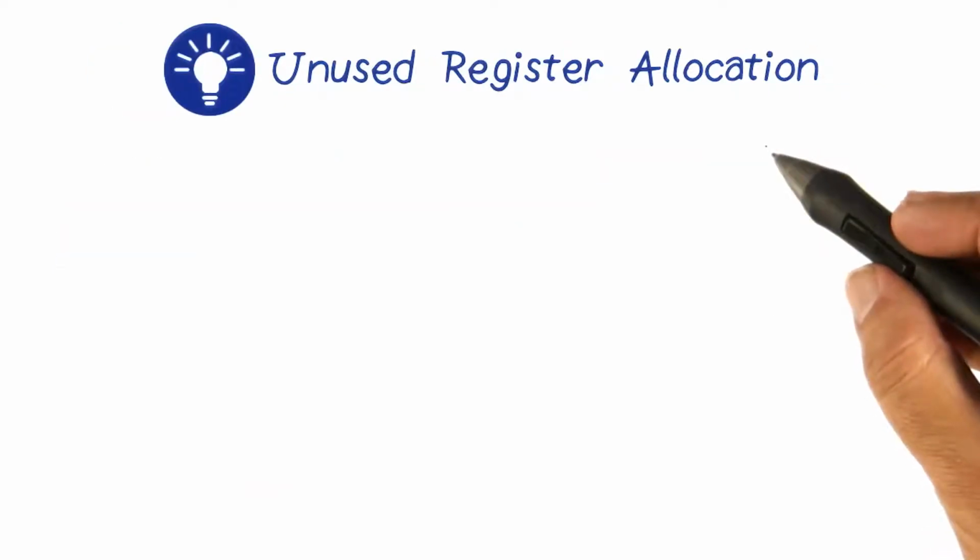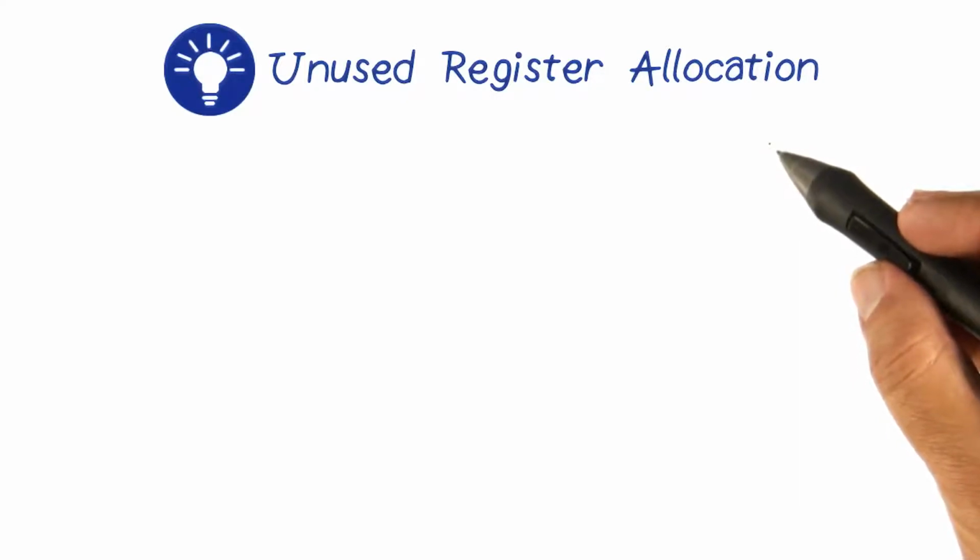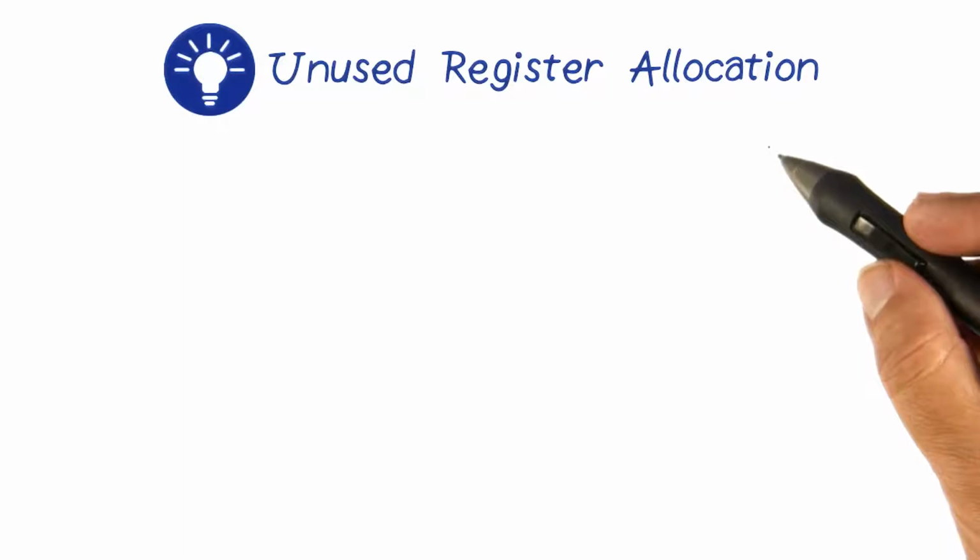So having seen now how to calculate the benefits and how to calculate the compensation code costs, which are really important for unused register allocation, because the final benefit is the subtraction of the cost from the benefit, now let's see how to write a simple algorithm for carrying out this register allocation.